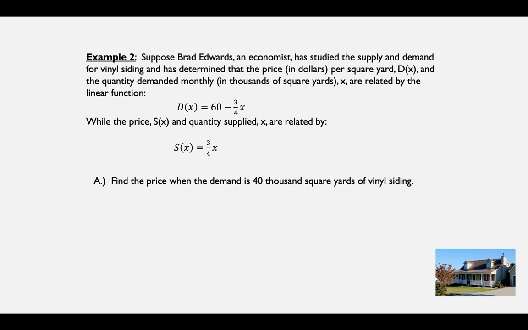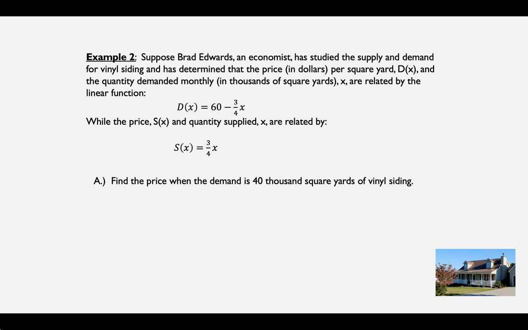Suppose Brad Edwards, an economist, has studied the supply and demand for vinyl siding and determined that the price in dollars per square yard, D of X, and the quantity demanded monthly, X, are related by the linear function D of X, remember that's the price, is equal to 60 minus 3/4 X. X is the quantity demanded.